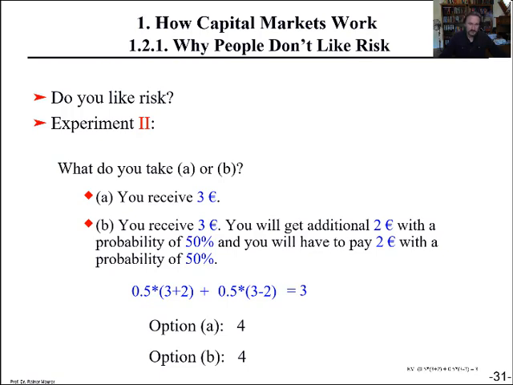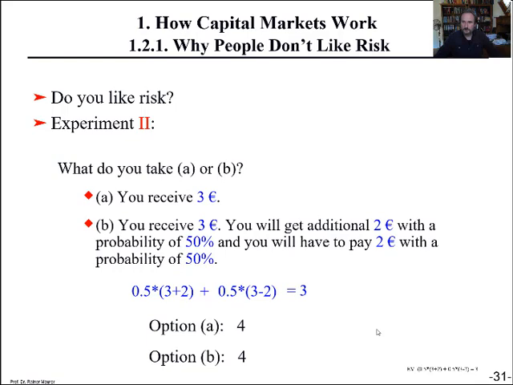However, as the results show, now more people seem to prefer option B. We have now 4 people who still prefer option A, while 4 people now prefer option B. Which could perhaps be explained by saying that in this experiment the payment in the unlucky case of option B is now €1 and not as before €0.